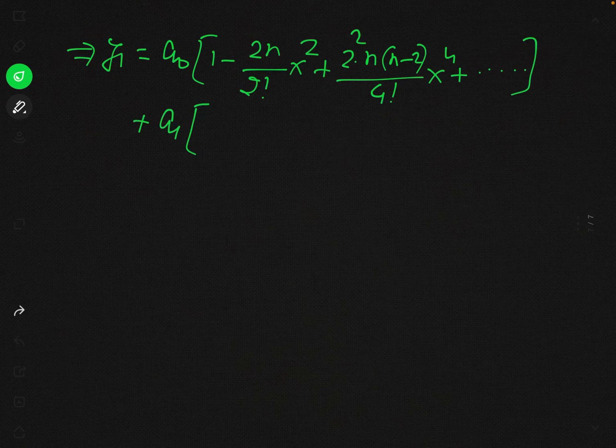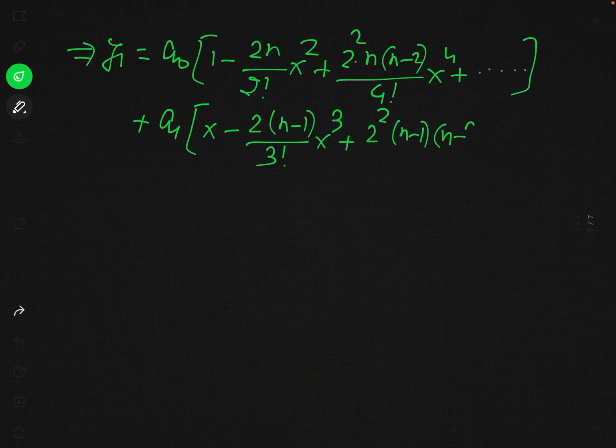a1 times x minus 2 times n minus 1 over 3 factorial x cube plus 2 square times n minus 1 times n minus 3 over 5 factorial x5 minus so on.